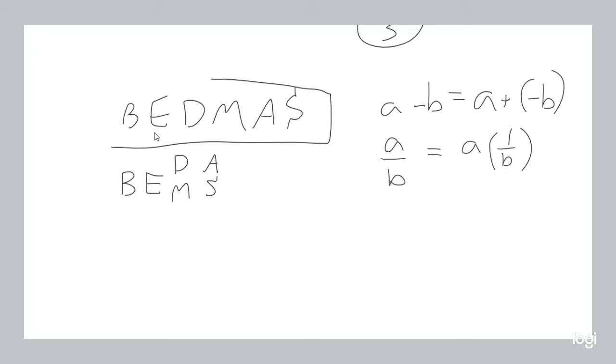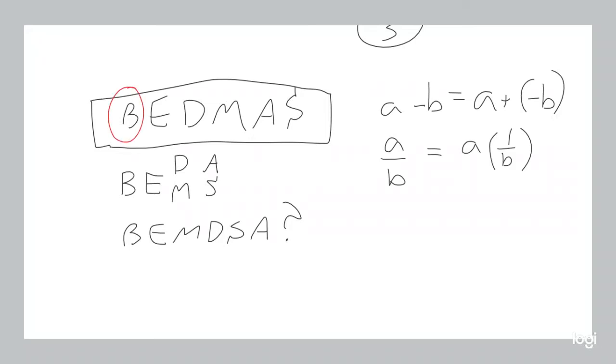But reading BEDMAS is a lot easier than reading BEMDSA. So we call it BEDMAS, right? And that's why brackets are first, by definition. Exponents come after, because exponents are just another way of writing multiplication.